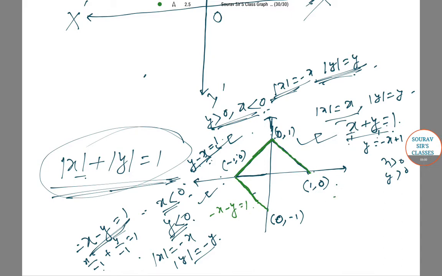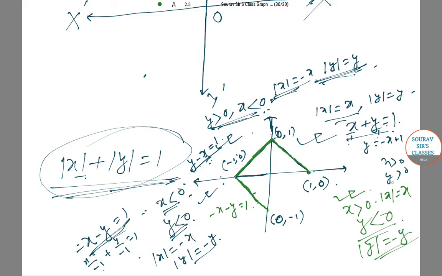Now in the fourth quadrant, x is greater than 0 but y is less than 0. So mod x equal to x but mod y equal to minus y.